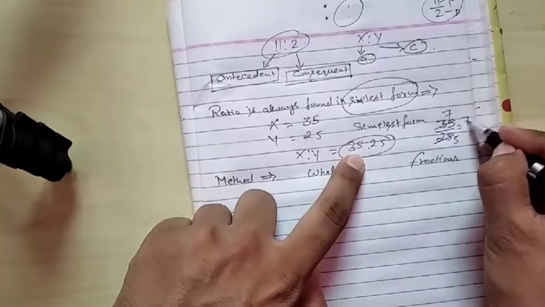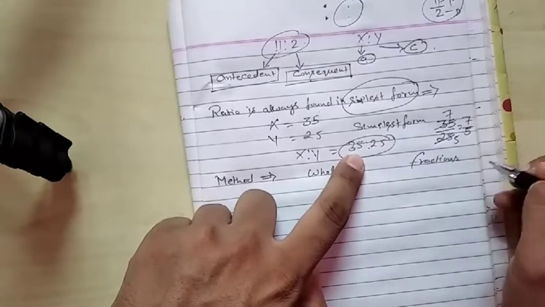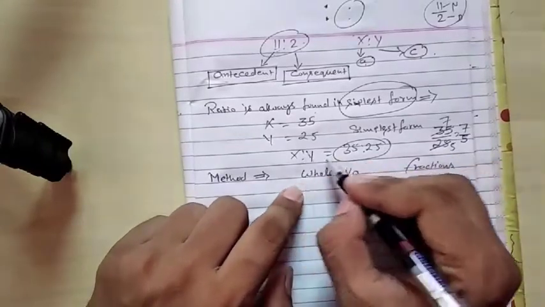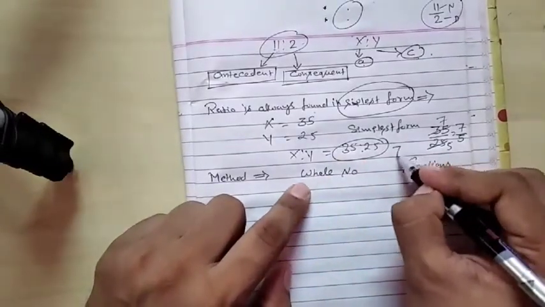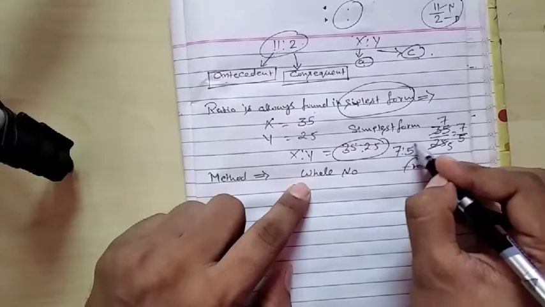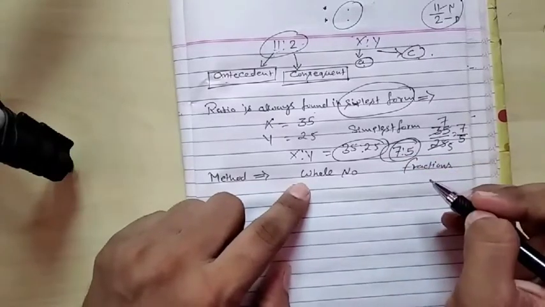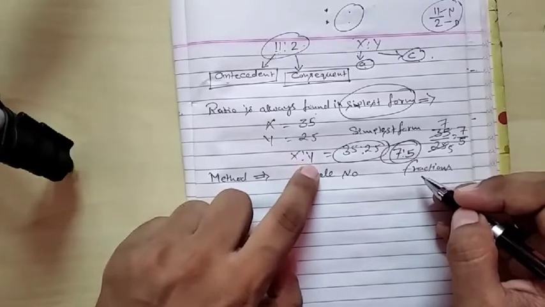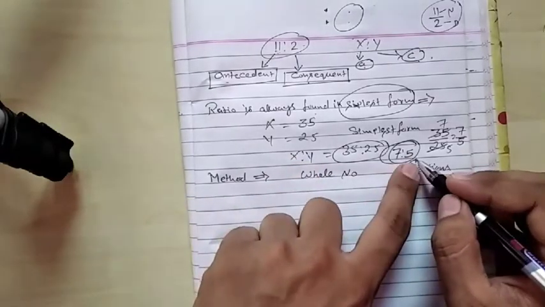Okay, what is left? 7 upon 5. So the ratio of x is to y is equal to 7 is to 5. This is the ratio. Okay, the ratio between x and y is equal to 7 is to 5.